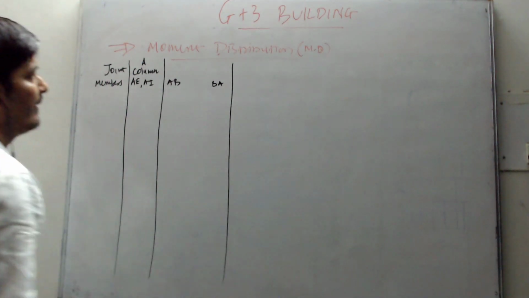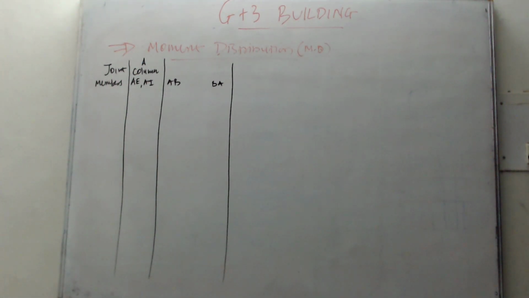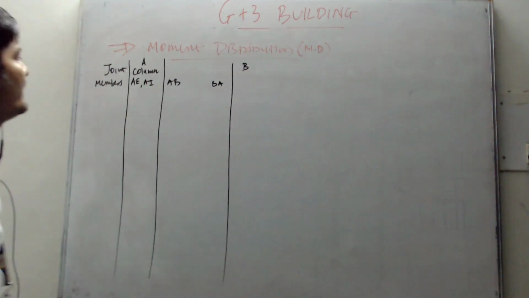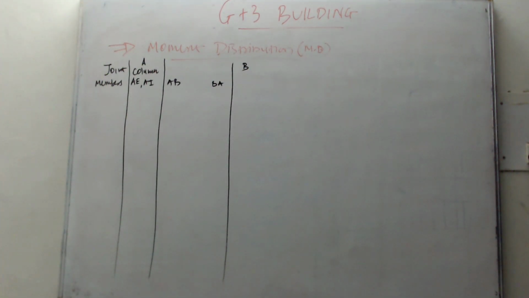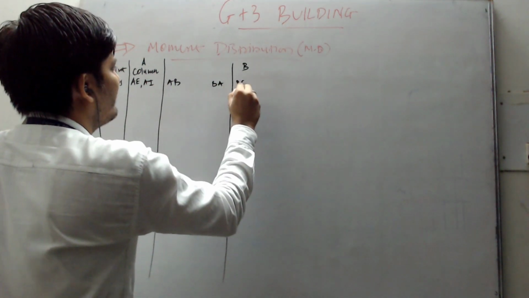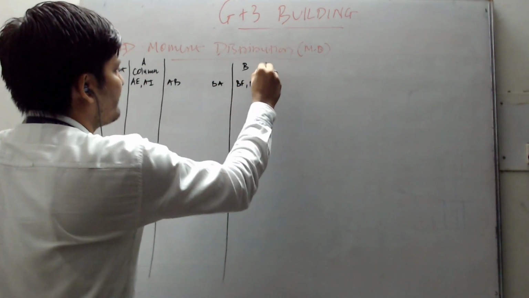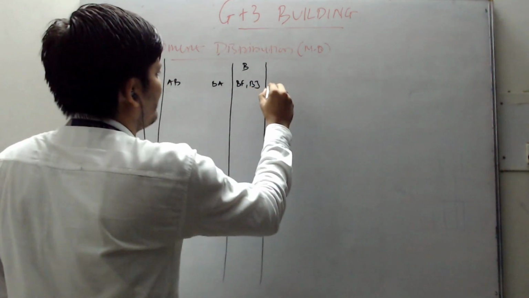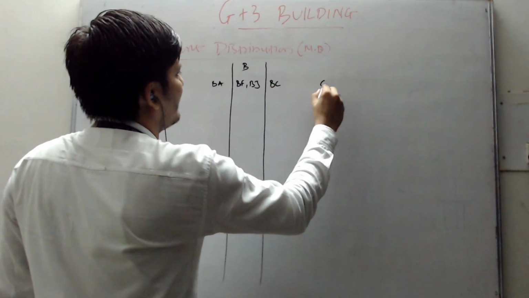After this we have again column, joint is B, and members at this point are BF and BJ. Then after that I have again two members, BC and CB.